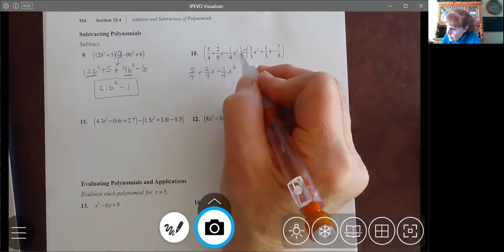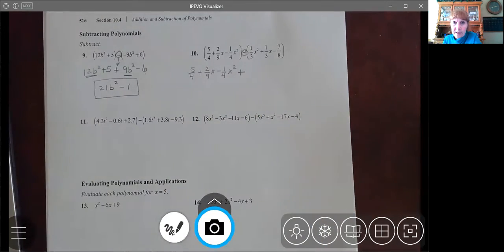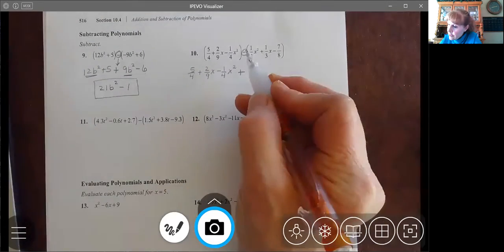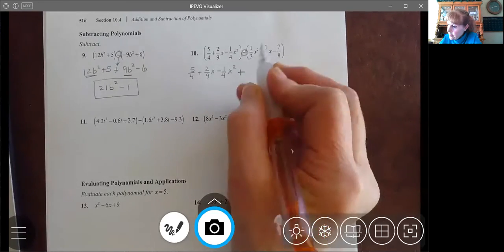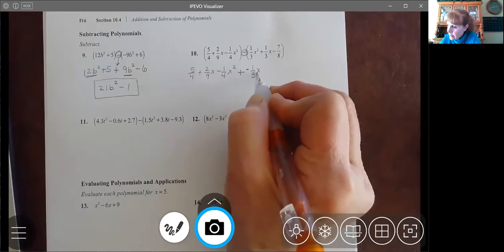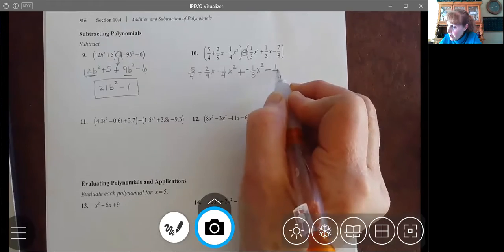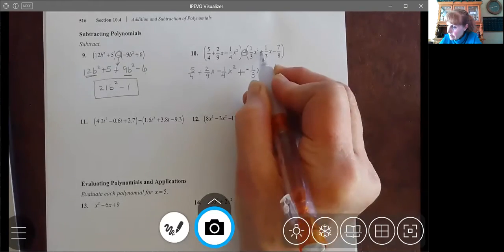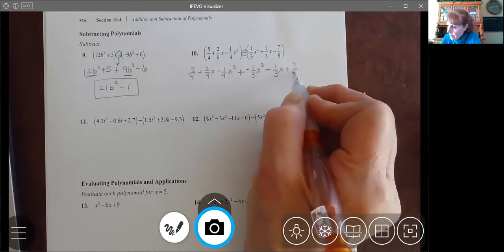Okay, what I'm going to do is change this to a plus so that we can drop the parentheses. But you need to distribute that. You need to take the opposite of what's inside. So you'll have a negative 1/3 x cubed minus 1/3 x, positive to a negative, plus 7/8.